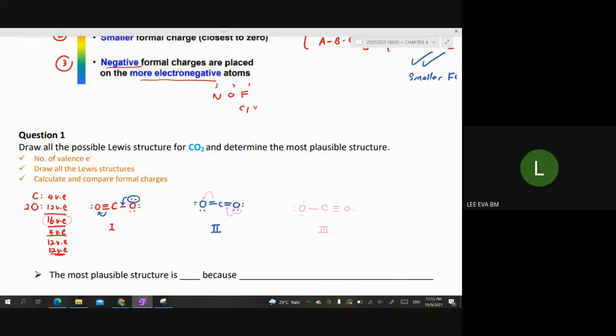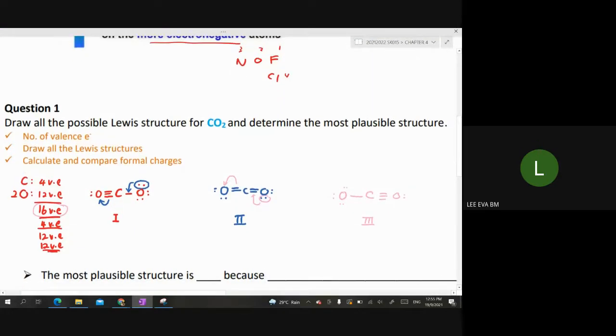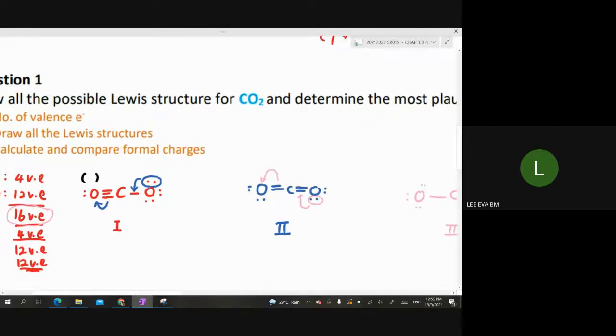Okay. We try a very fast one to calculate the formal charge. Because time is already 55 now, so let me finish this one first. Like oxygen, help me to find out the formal charge of the first oxygen. 6 minus 2 minus 3.